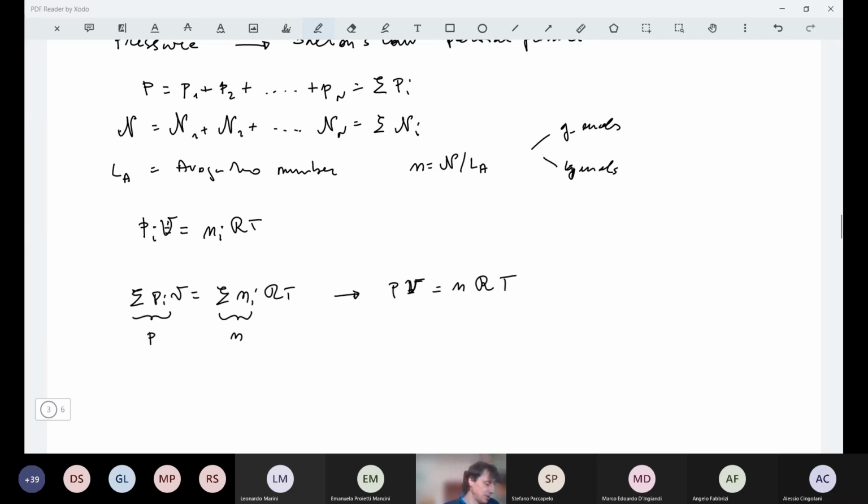So being the sum of partial pressure equal to the overall pressure, and the sum of number of moles equal to the number of moles of the mixture, the same relation applies also for the mixture.